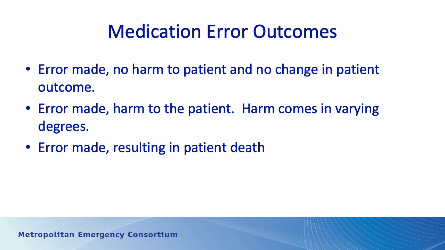The patient who had the wrong knee operated on, that's a big event, and it may or may not result in long-term impairment to the patient. He's still going to have to go back and get the right knee operated on at some point. So that's still a big issue. And then finally, there's an error made and the patient dies as a consequence. These we want to avoid.